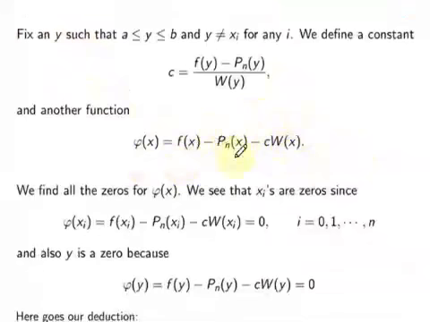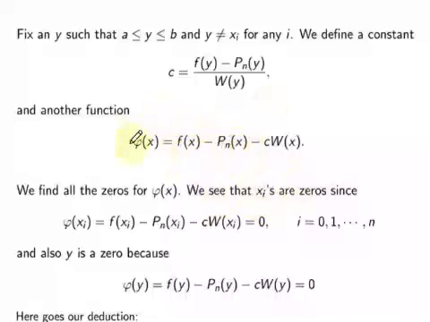This is your interpolating polynomial, right? When you plug one of the x_i's in here, it takes the same value as the function f. So this one is also equal to 0 when you plug in one of the nodes, right?